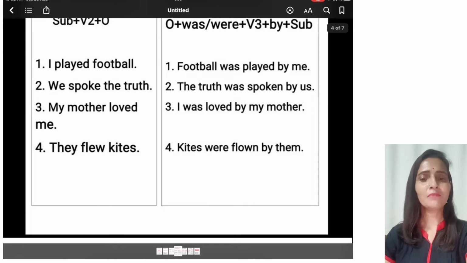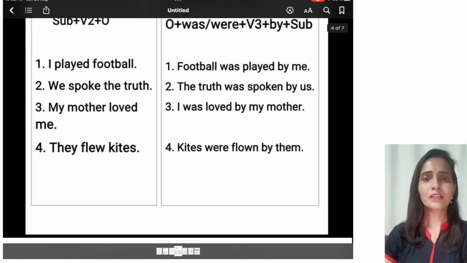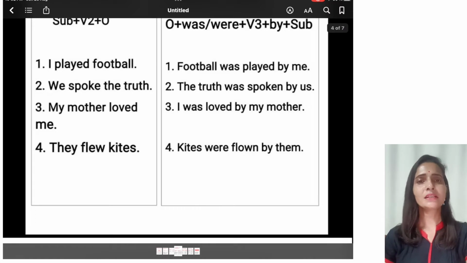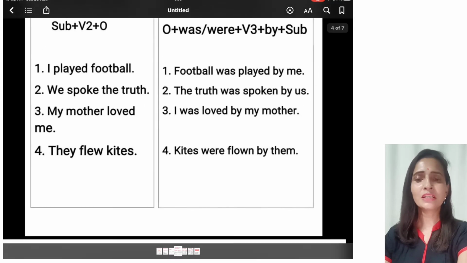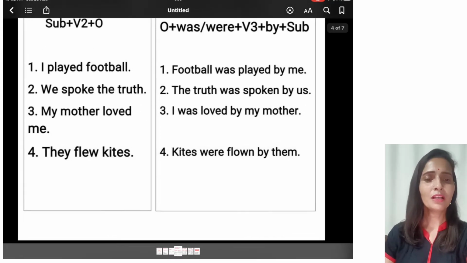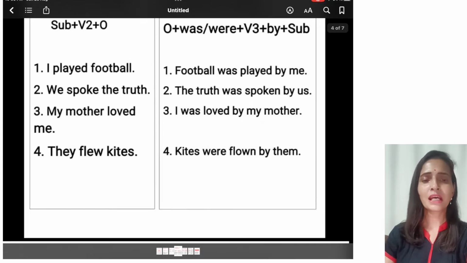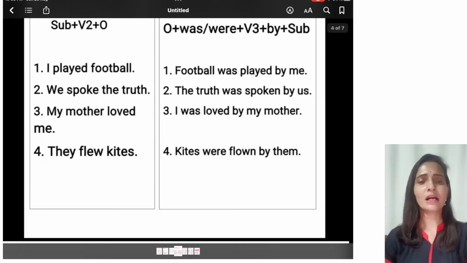Then third verb of spoke. First verb is speak, second is spoke and third verb is spoken. Okay. The truth was spoken by. Then we will use subject here. So subject in the active voice is we. When we will use we in the object, then it will change into us. Then it will be: the truth was spoken by us.